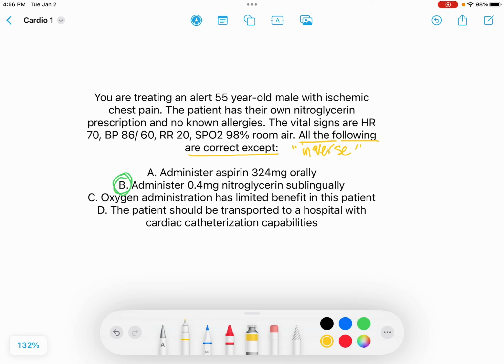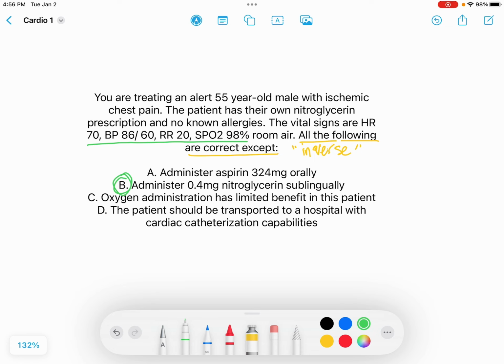So, a good rule of thumb to also keep in mind is when you have vital signs, pay attention to the vital signs, because what the vital signs are telling you is either you can or cannot do something.